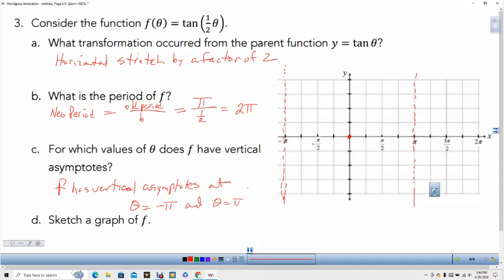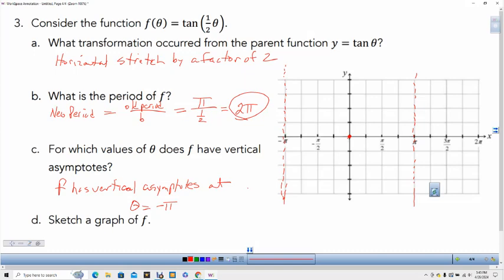All right, and then they want us to sketch a graph of f. Now, also remember, if they don't say in between a certain value, that means we've got to continue this thing. And if we know that negative pi is where we have the first one, every period we're going to have another vertical asymptote.